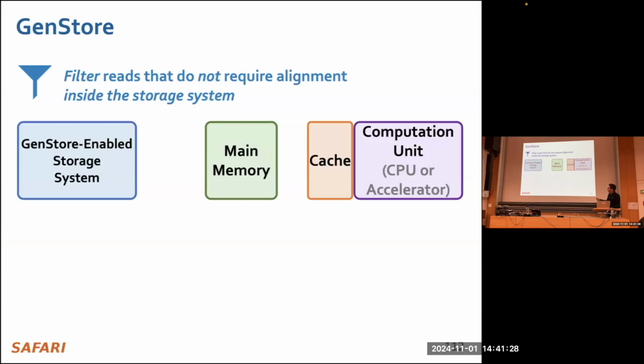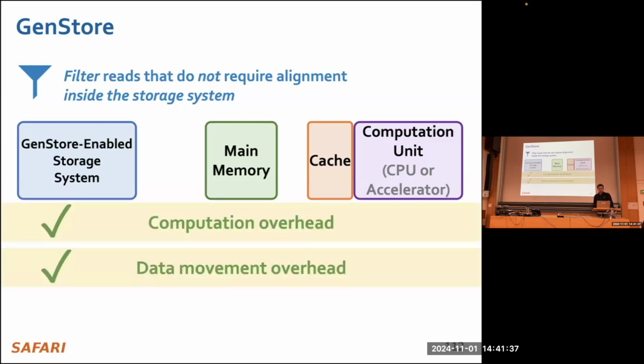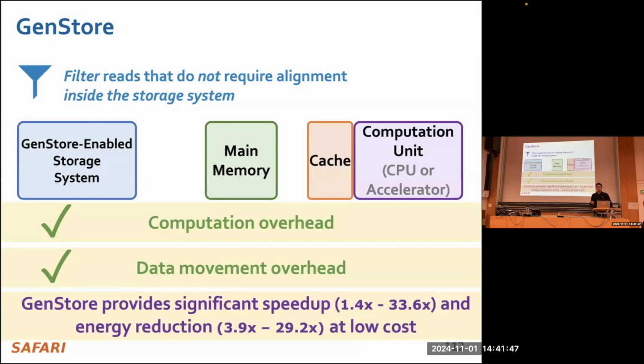By addressing these challenges, we propose a GenStore-enabled storage system that can do the necessary basic computation inside the SSD, and by doing so, we can reduce the computation overhead as well as the data movement overhead. Again, GenStore achieves a significant speedup and energy reduction.